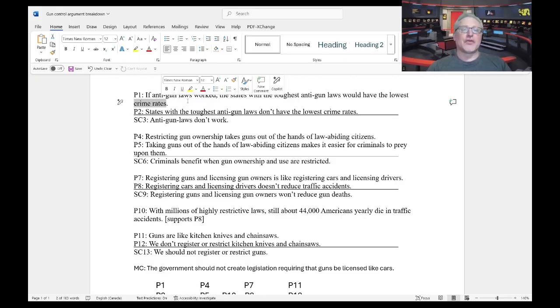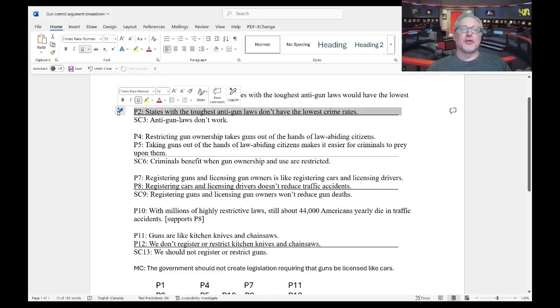Okay, I think most of us would accept that. But if it just says crime generally, well, most types of crime don't involve guns. So no, if we were just talking general crime statistics, we wouldn't assume that laws restricting the use of guns would necessarily have an impact on crimes that don't involve guns.